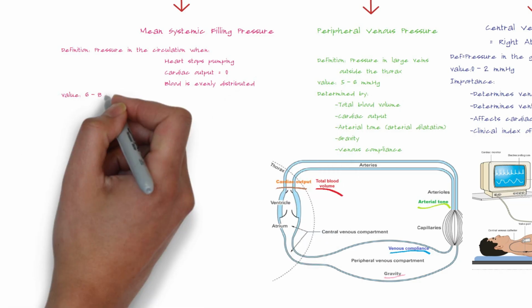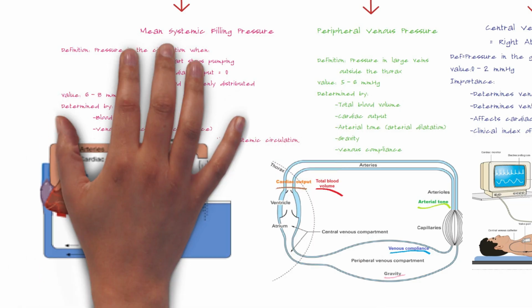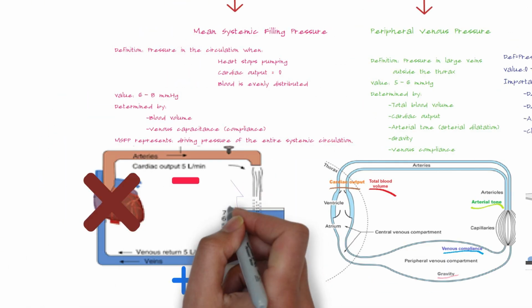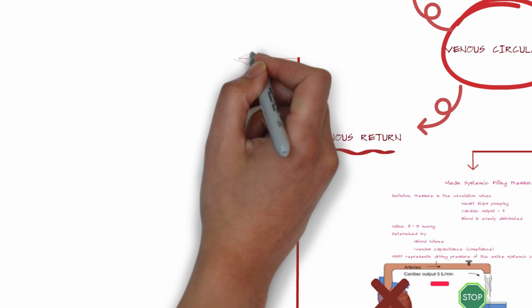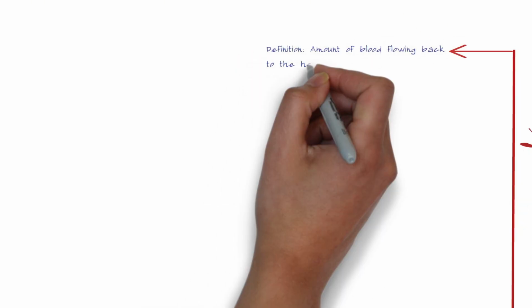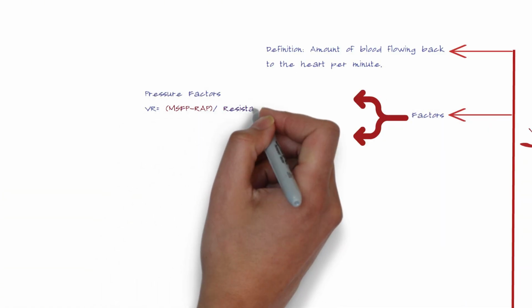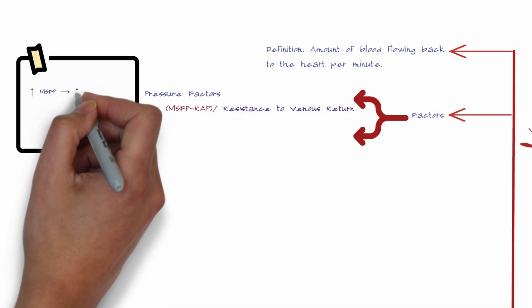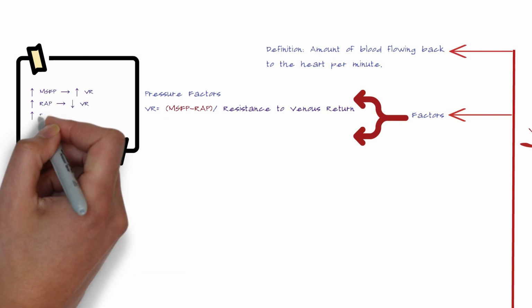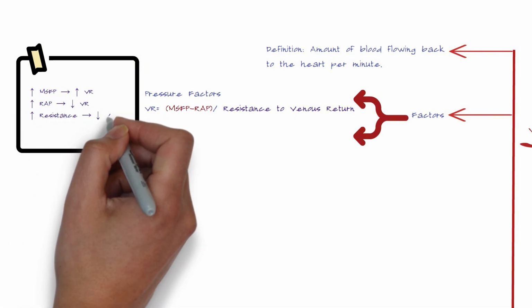the heart stops pumping. Remember that the venous return is determined by two pressures, the right atrial pressure and the mean systemic filling pressure. Third, we discussed the venous return, which is simply the blood flow back to the heart per minute. And the venous return equals cardiac output.